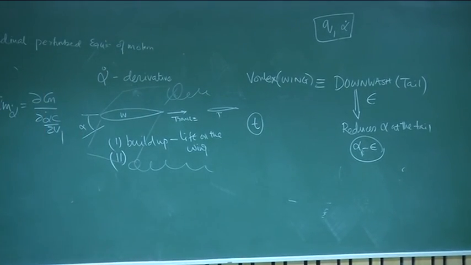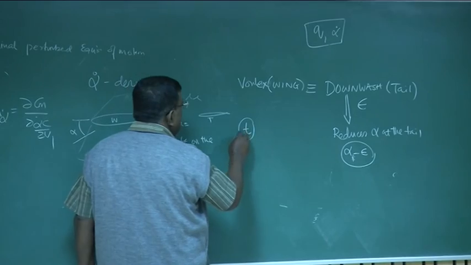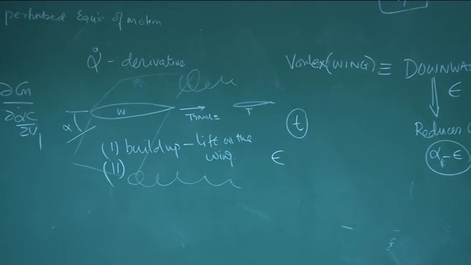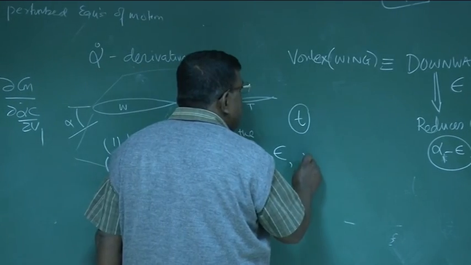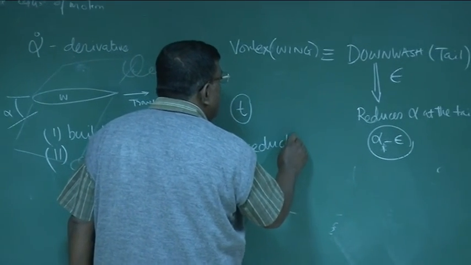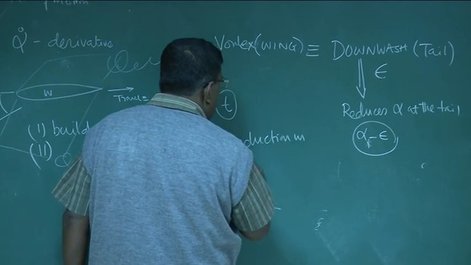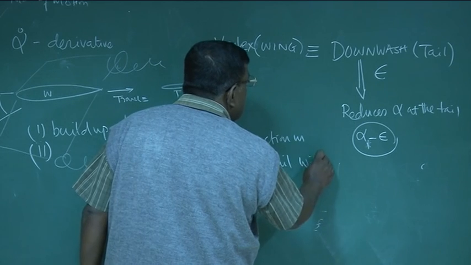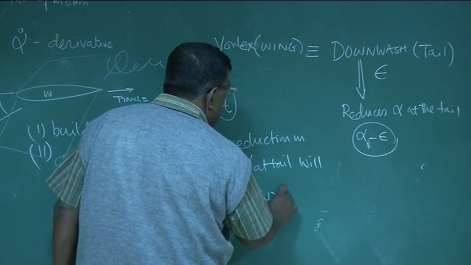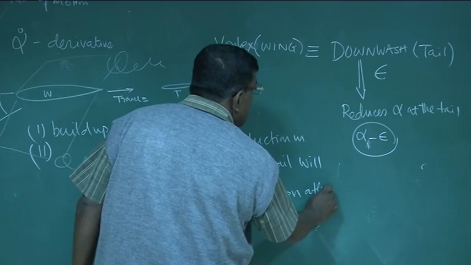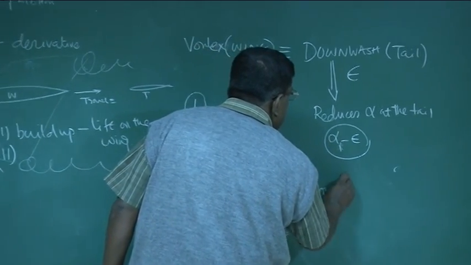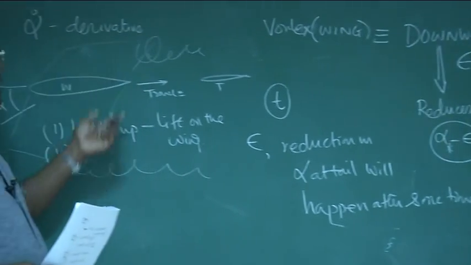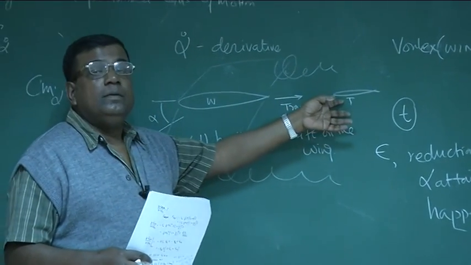So that means, suppose I am analyzing at time t, what is happening? At time t, the epsilon reduction will not be seen by the airplane, because the reduction in alpha at the tail will happen after some time, because these vortices will travel after some time to the tail.